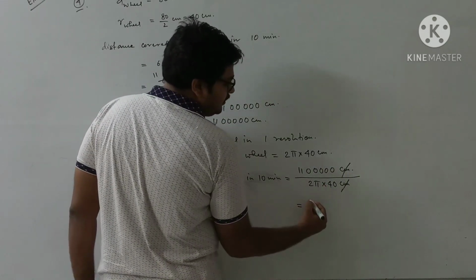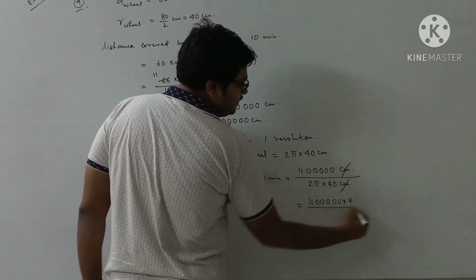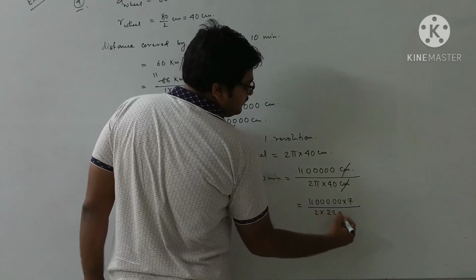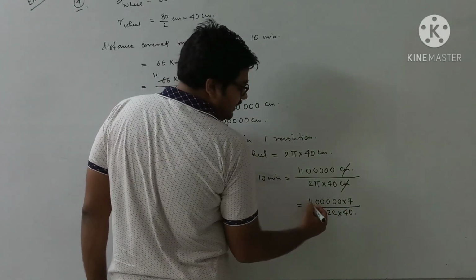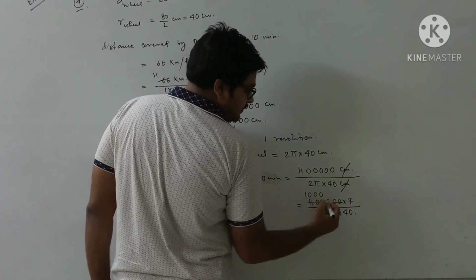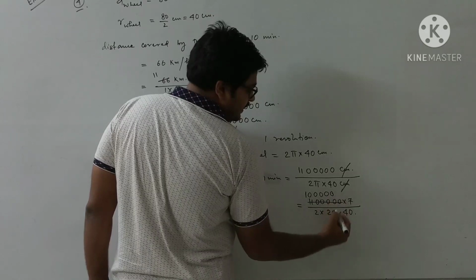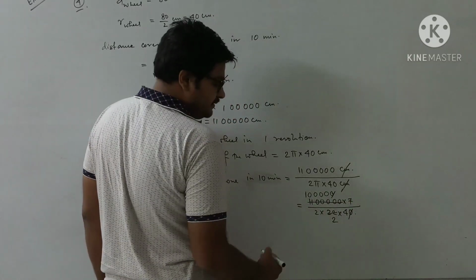Pi, you already know, is 22 by 7. 7 will be cancelled. So by 11 we are cancelling first. 11 into 22, and 0 can be cancelled.